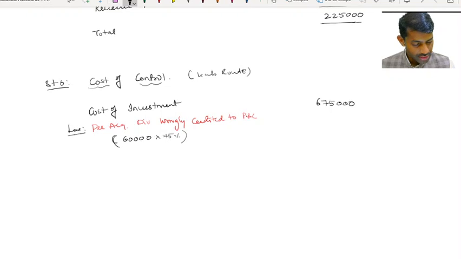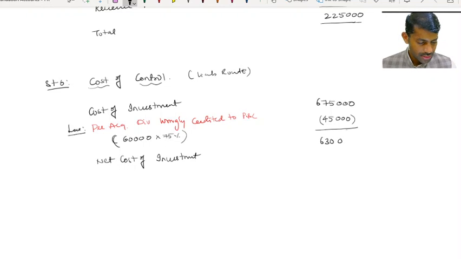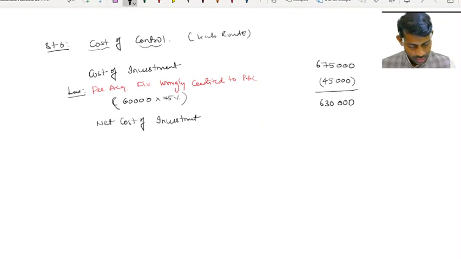What is 60,000? The total dividend, which we did in step number 3B. Therefore the net cost of investment is 6,30,000.